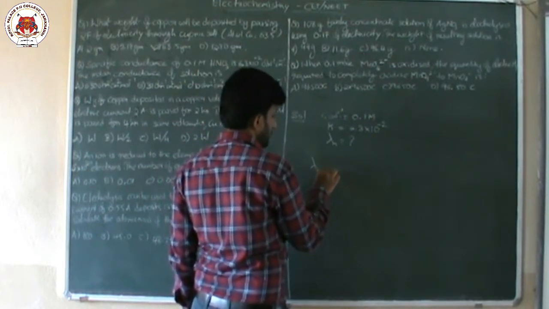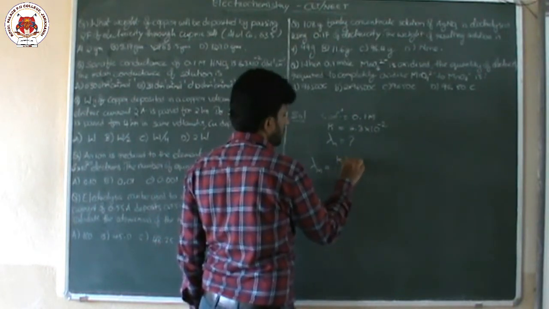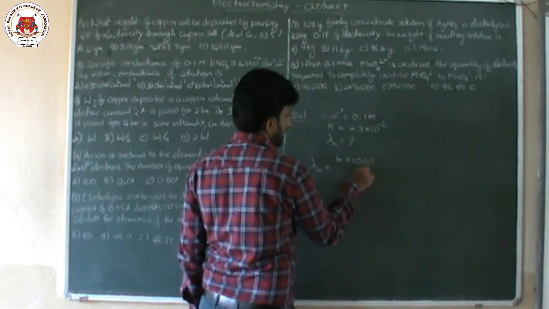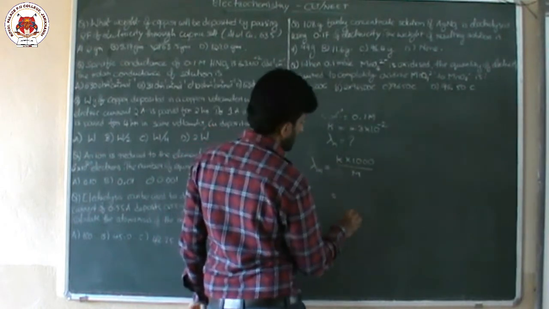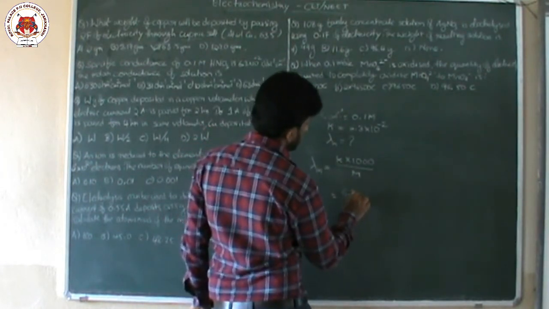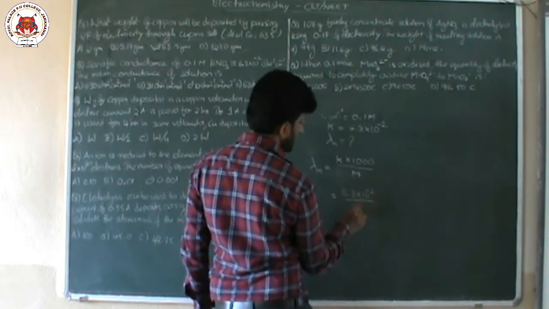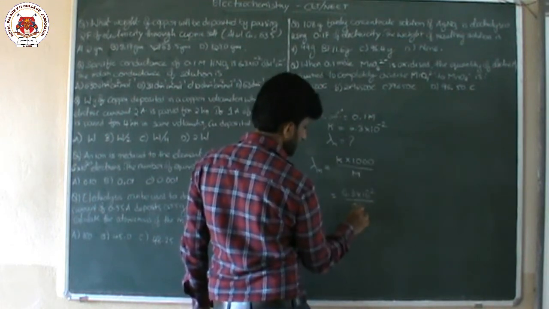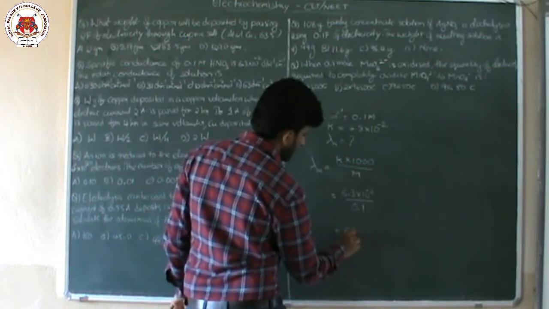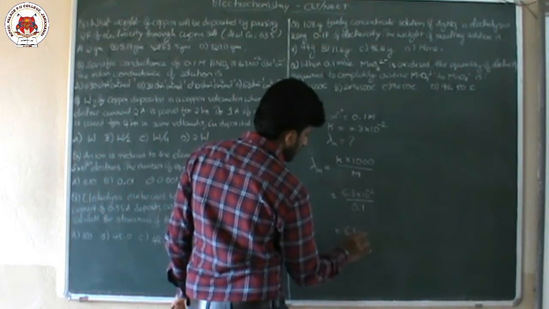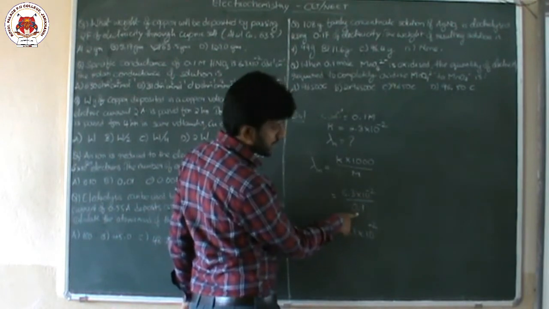Lambda m is equal to, in terms of molarity, K into 1000 divided by molarity. That means K value is 6.3 into 10 raised to minus 2 divided by molarity 0.1. 0.1 means 10 raised to minus 1.